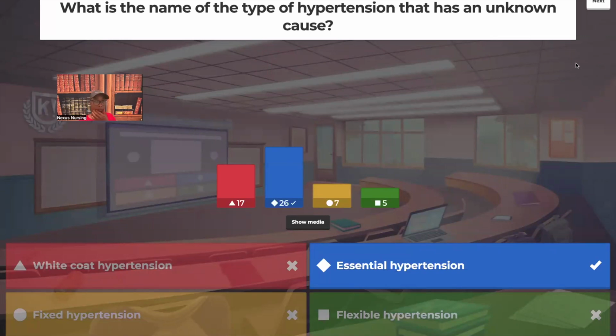Essential hypertension. So the patient's hypertensive, but there's nothing specifically that we can point to that says this is the cause.